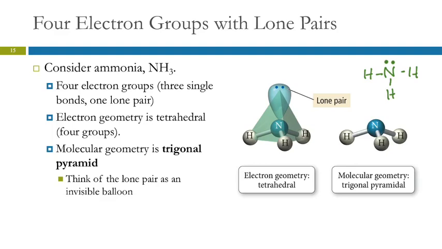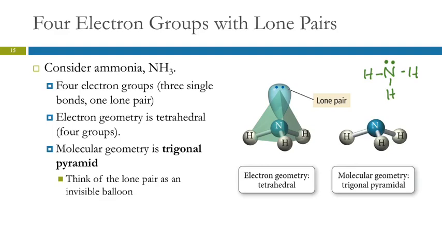There are 4 groups. But the molecular geometry, we're looking at just the atoms. This lone pair is 2 electrons, very tiny, right? So I like to think of that as one of the balloons, but that balloon is invisible. You can't see it. It's there.